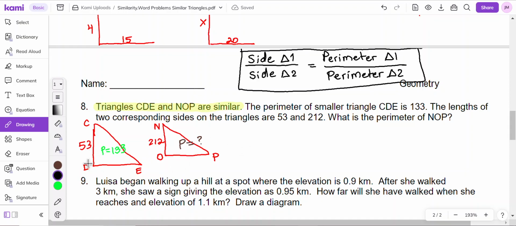So in this case, it's the 53 over which number? And what's the second fraction on the other side of the equal sign? There you go. Easy peasy, as long as you know that this is a situation where you have to use this relationship.